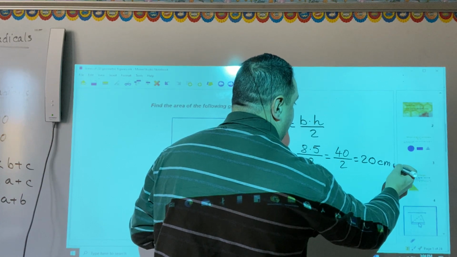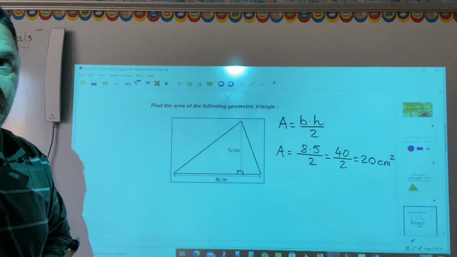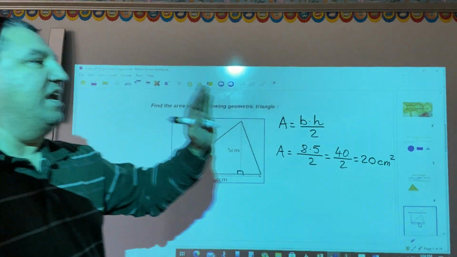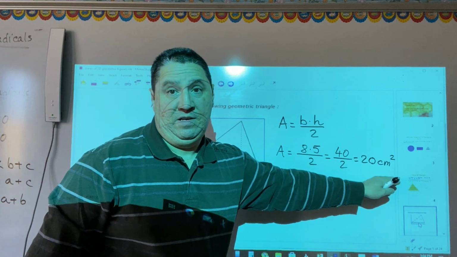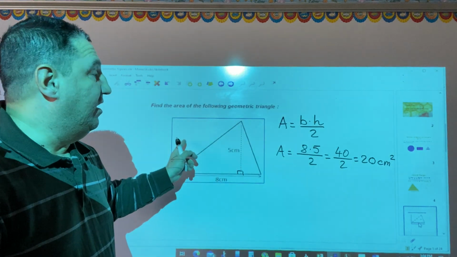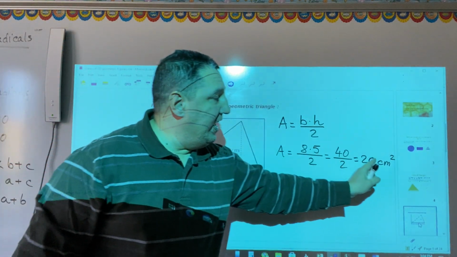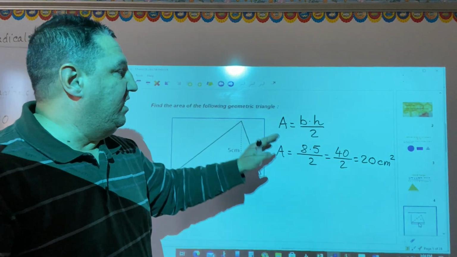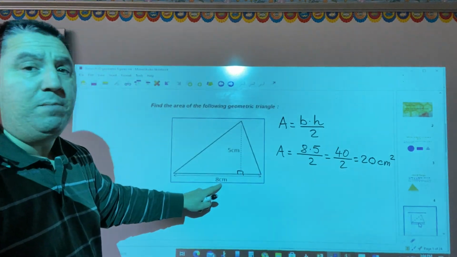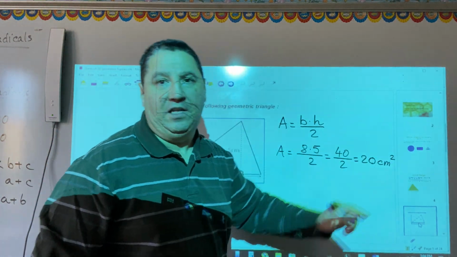Now the measure is square centimeters. You have to pay attention when you mention the measure, because area is measured in square units. In this case, the unit is centimeters. Because it's centimeters, we say square centimeters.